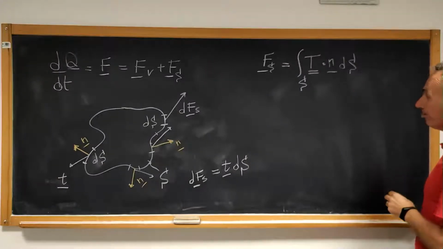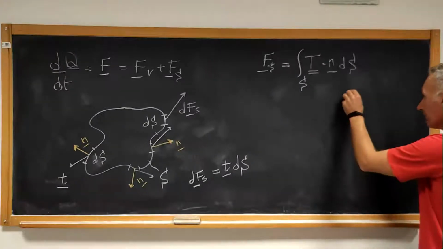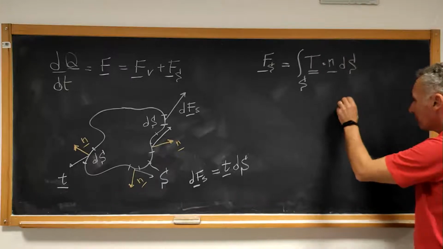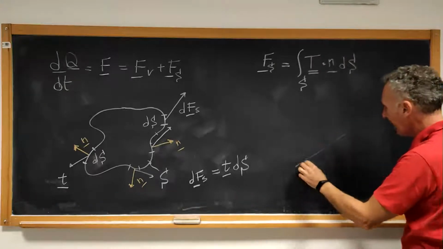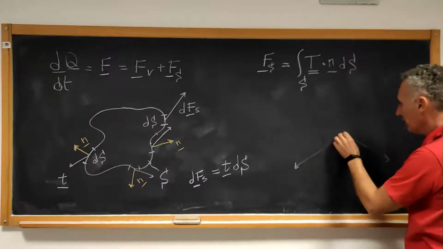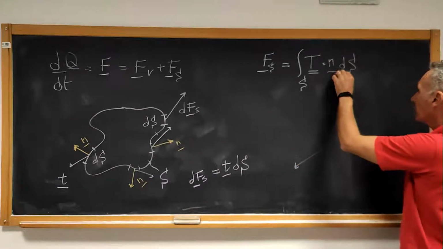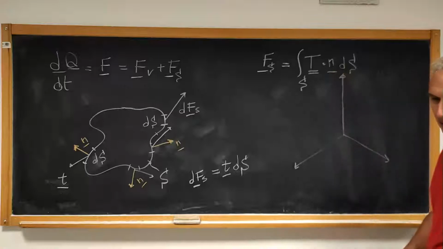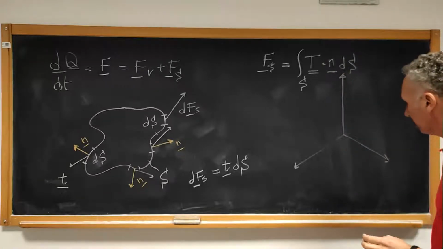Okay, so something we can do is to sketch a very classical drawing, which is the Cauchy tetrahedron.